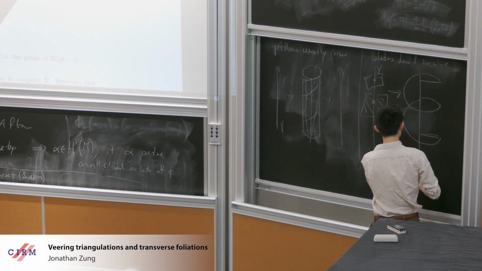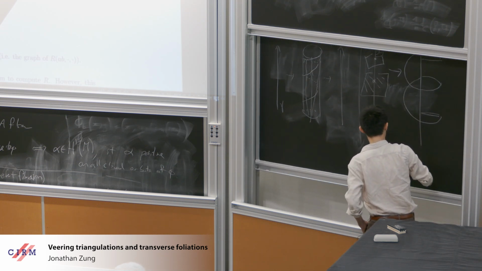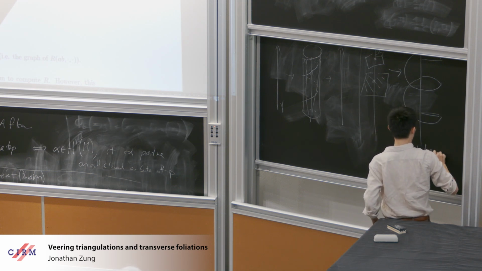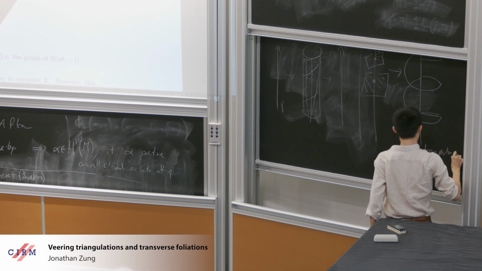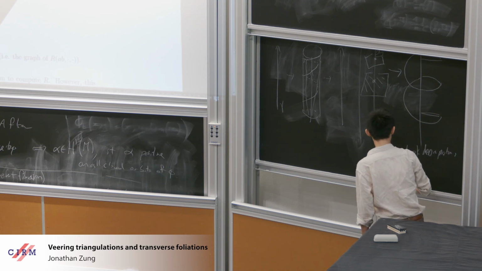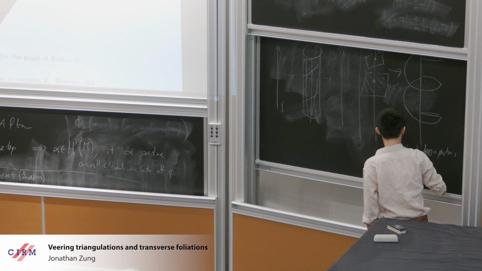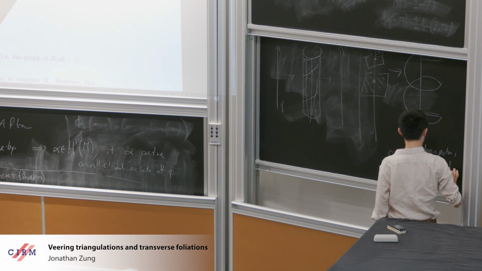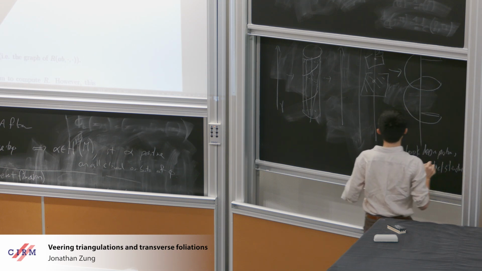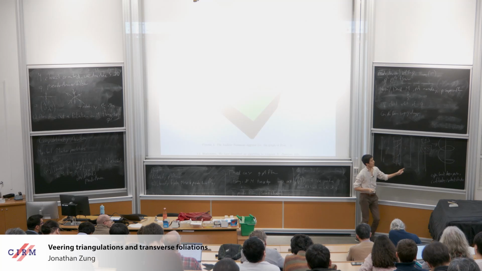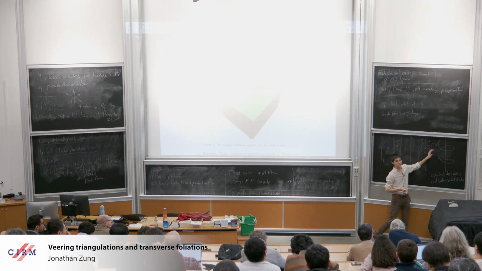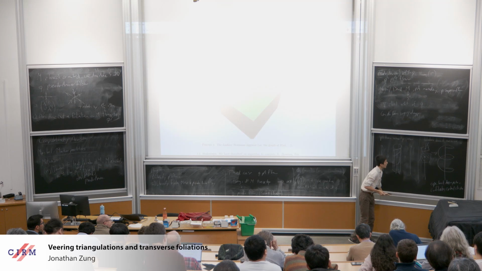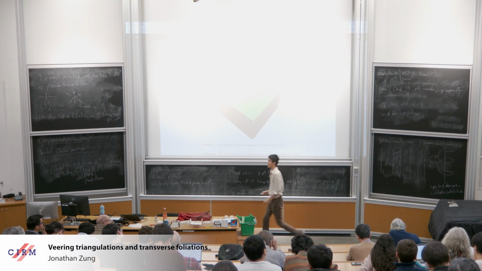So what you get in the end is something we'll call an open book decomposition. Or more generally, a confoliation or a contact structure. So if you do positive Dehn surgeries, then you're making some sort of positive twisting in the resulting two-plane field, and you're getting a contact structure instead of a foliation. Okay.